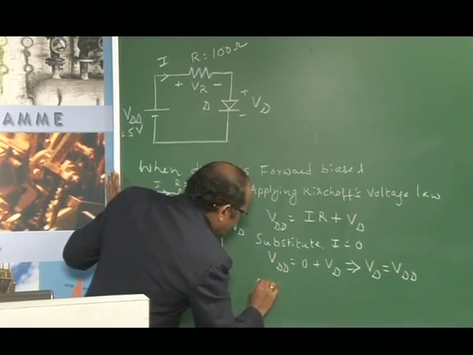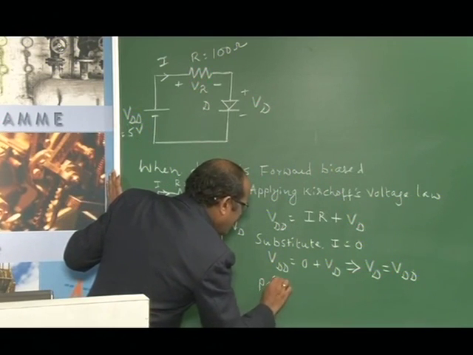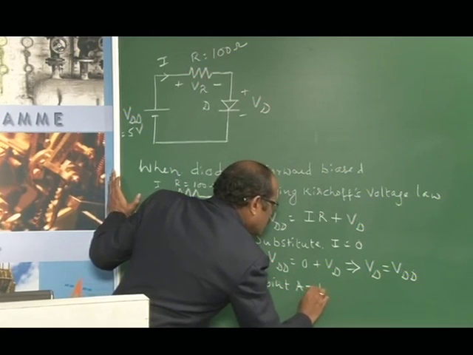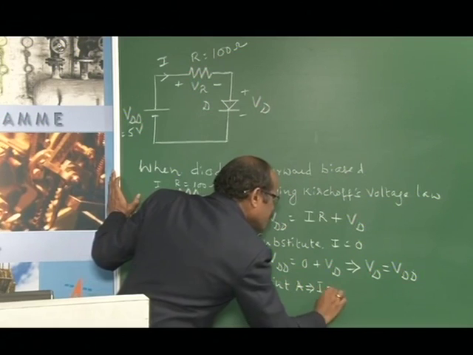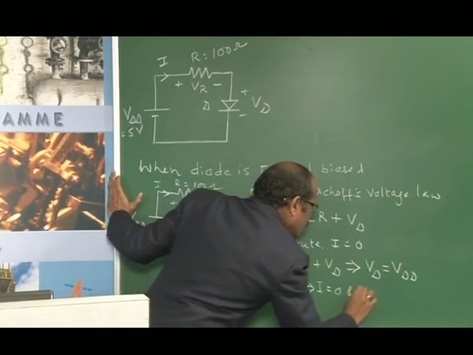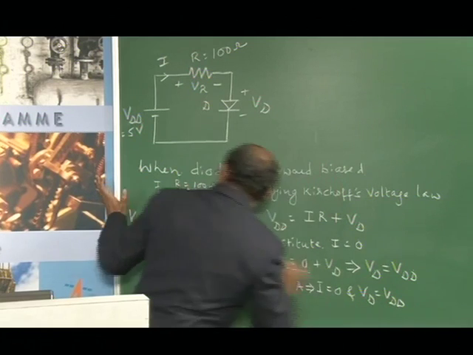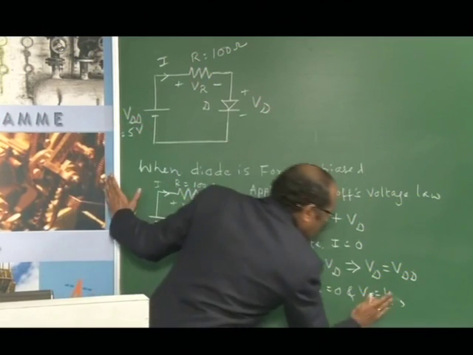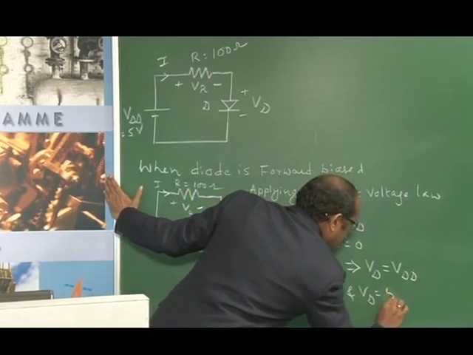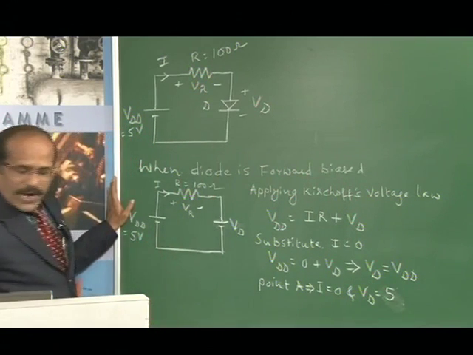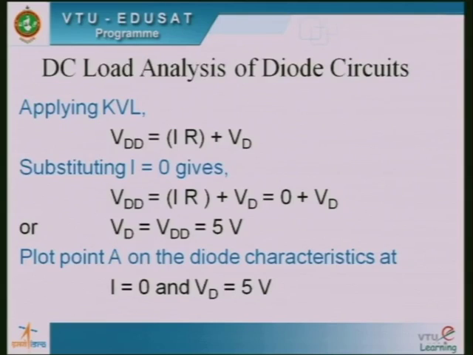So one point we get, we call it point A. Point A corresponds to I equal to 0 and VD equal to VDD, which is given as 5 volts. So this is the one point we get here.